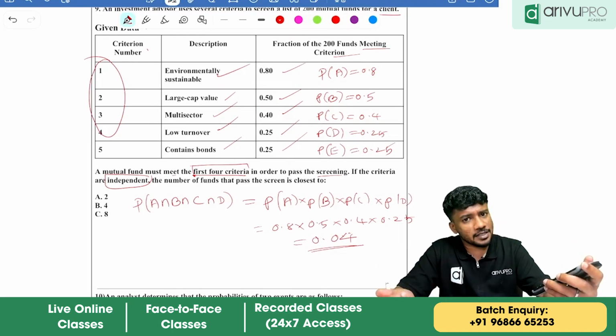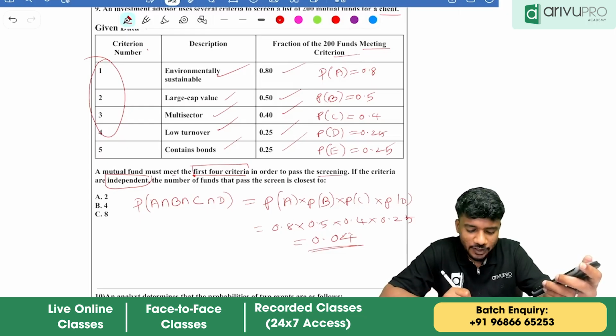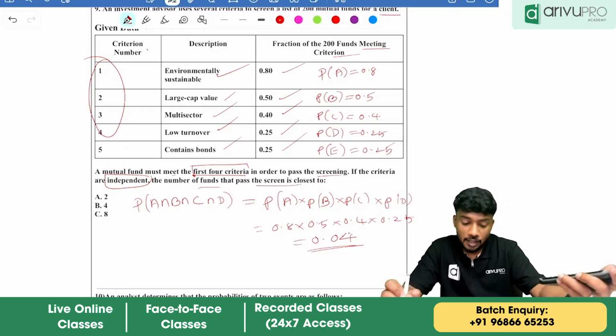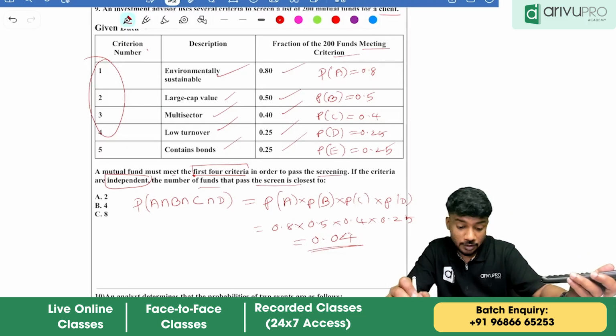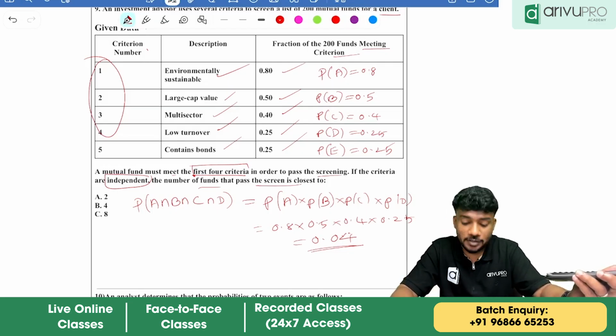Now, are they asking for the probability? No, they are asking for the number of funds that pass. The funds that pass the screen is closest to how much is the question.